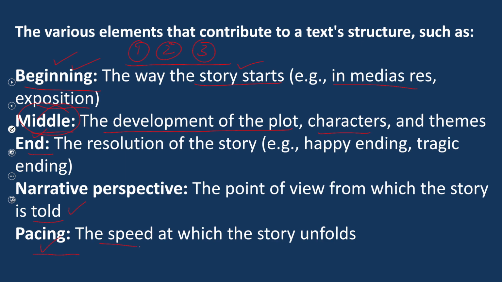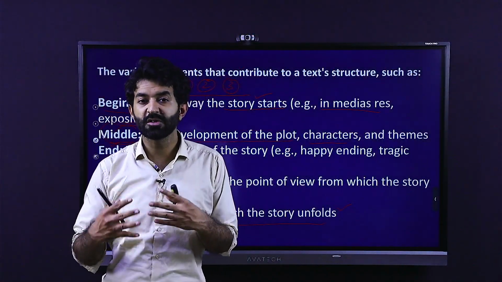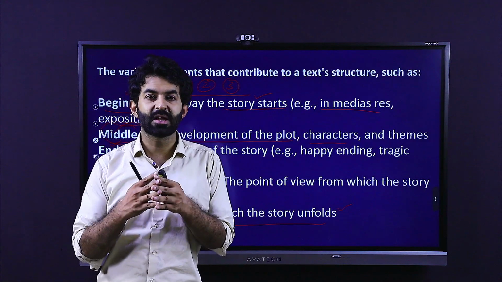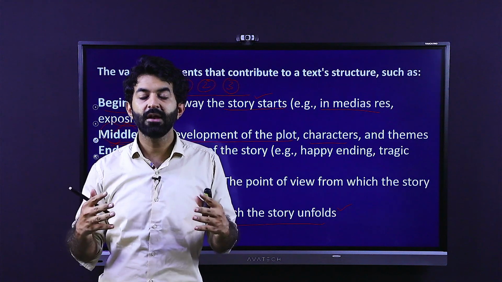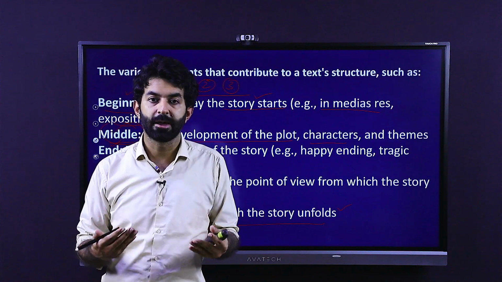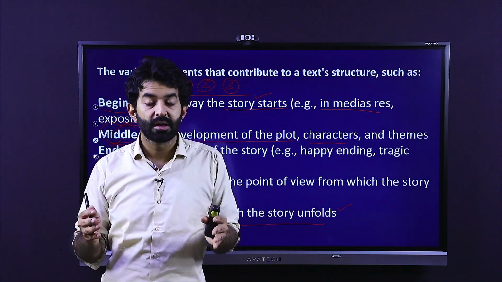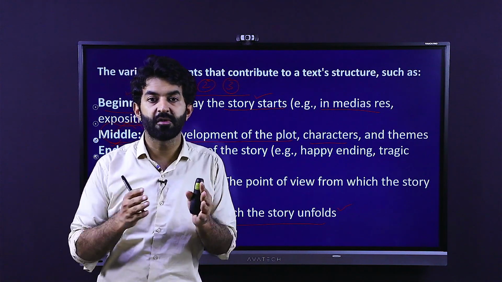Now, another structure is the pacing of the story. The story is told at a specific speed. So, some stories are fast paced, some stories take time to build up the setting, the whole mood, the tone, and they are long, they are lengthy, and they take time. So, you can decide what is the pace of the story. Is it fast?